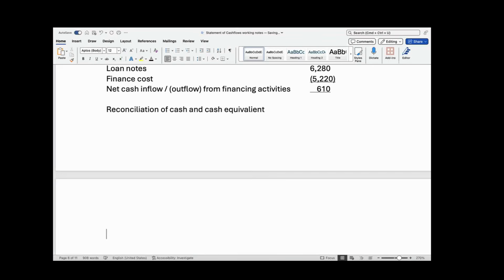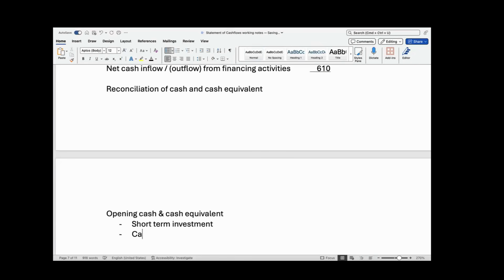I told you that you do your opening cash and cash equivalents, which will comprise, in this case, our short-term investments, our cash in hand and bank overdrafts. These ones are the cash at the beginning.